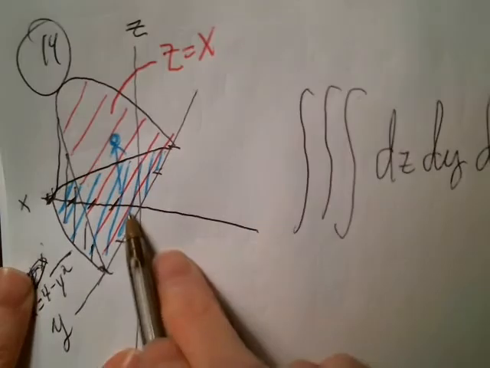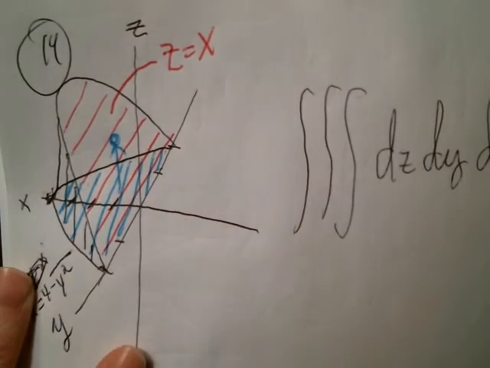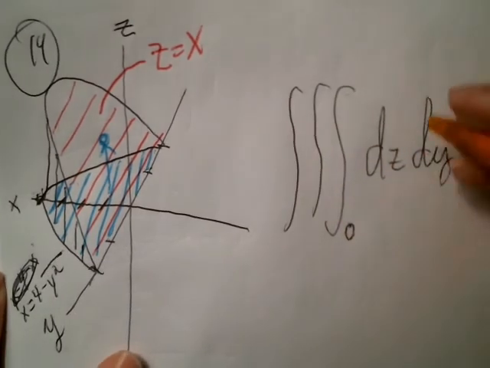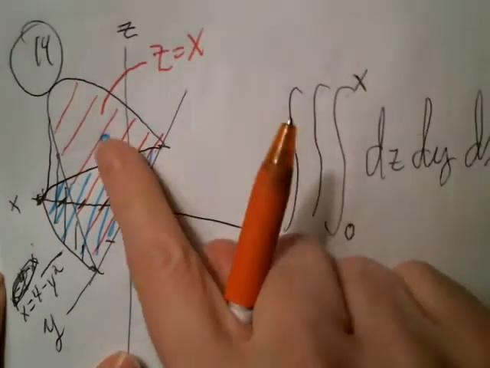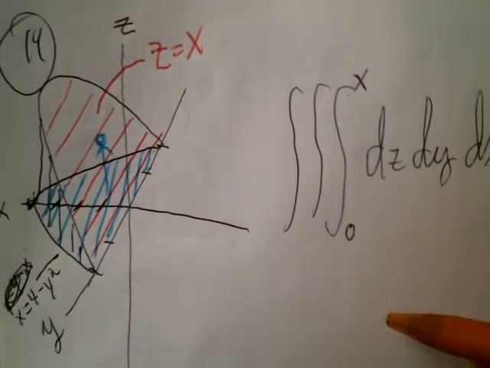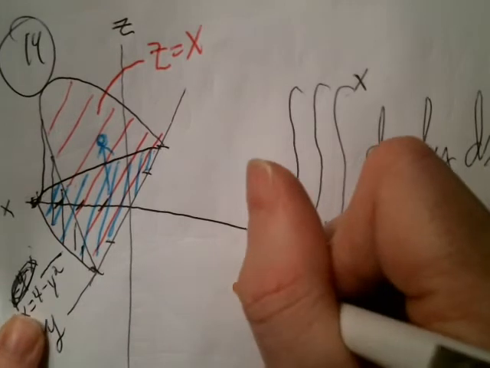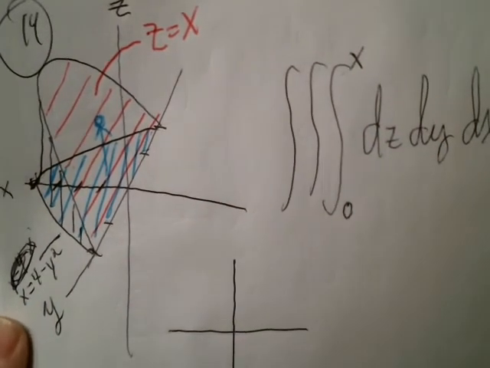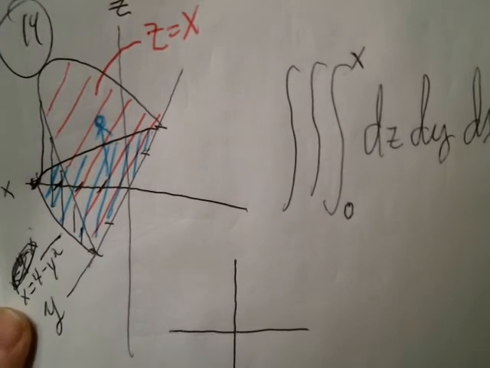So I want to go from that surface to this surface. Right, so z equals 0, which is the xy plane, to z equals x, which is the red surface. So so far so good. And then I want to go from y equals to y equals, so curve to curve, or some variation on that.